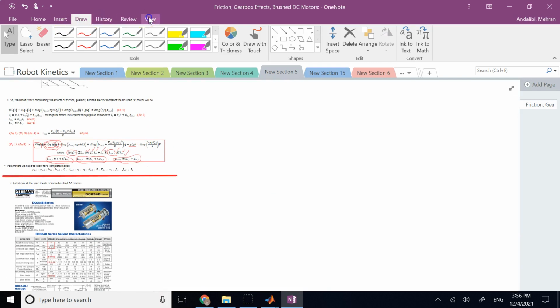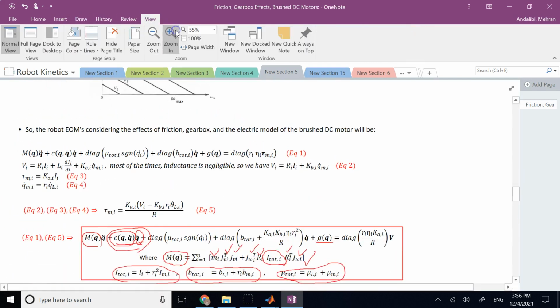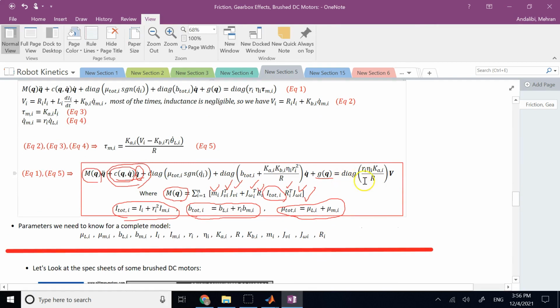All I need to do is to get my friction terms with these diagonals and the forcing function on the right hand side. So the mu is very easy. You need just the mu total that you already calculated multiplied by sine of Qi dot. So it's going to be like sine of Q1 dot, Q2 dot. And then each one of them is multiplied by mu total i. And then you need to make it a diagonal matrix, correct?